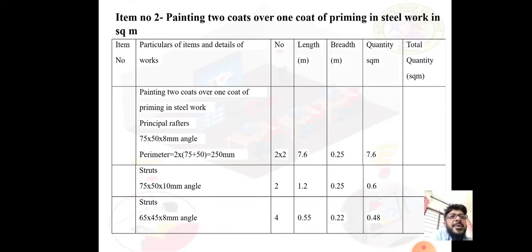So perimeter means just 2 into 75 plus 50, so we got 250 mm. So two numbers, two sides means 2 into 2, 4, and total length is 7.6 meter, and its perimeter is 0.25. So we got the total surface area for 7.6 meter.